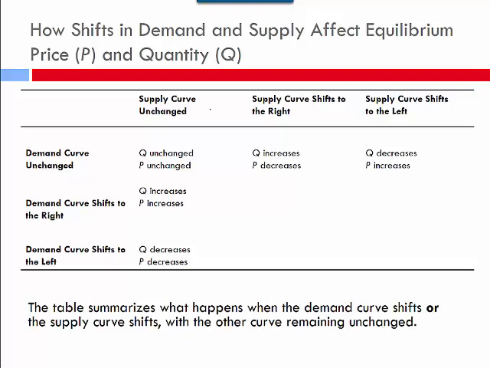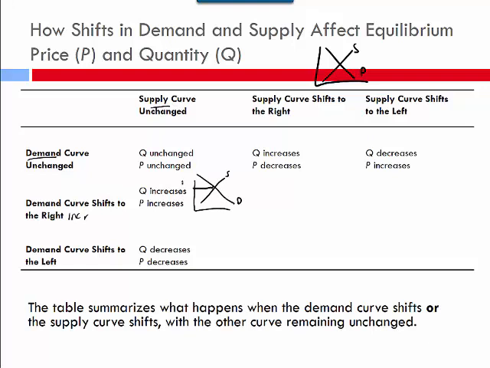But what we've got here is, okay, we're always going to start out here in equilibrium, supply, demand, like that. If nothing changes, supply doesn't change, demand doesn't change, then neither the price nor the quantity does. But in each of these other ones, let's say supply doesn't move, but demand shifts to the right. So that's an increase in demand. And so then what we see, here's supply, here's demand.